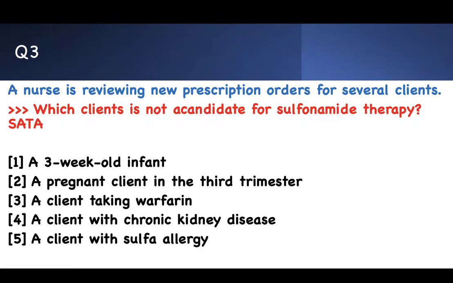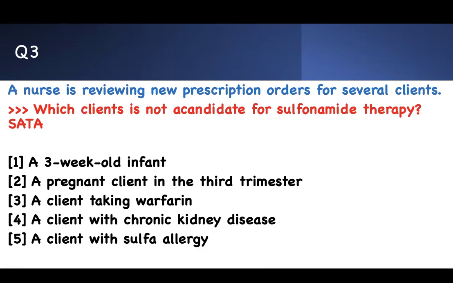There are certain people that cannot take it. A 3-week-old infant is going to have kernicterus, brain injury due to bilirubin increase. So that one is contraindicated, number 1. A pregnant woman cannot get it because it can pass the placental barrier and get to the baby, and the baby will develop kernicterus.